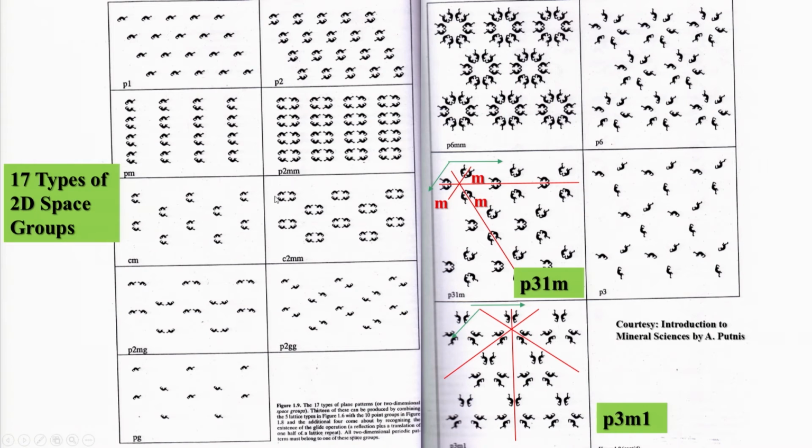Very simple. You have this mirror plane of this orientation, and you also have a mirror plane of this orientation. If you have a starting dinosaur motif here, after reflection it produces this, and with respect to this mirror plane, this reflection will produce this.